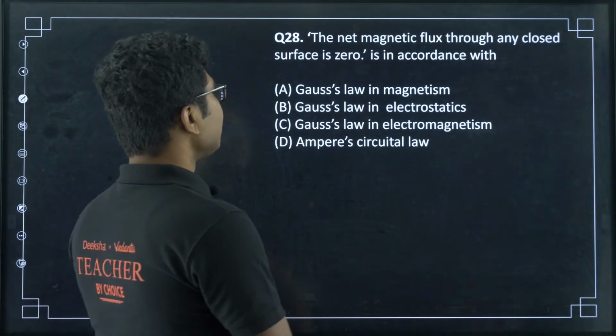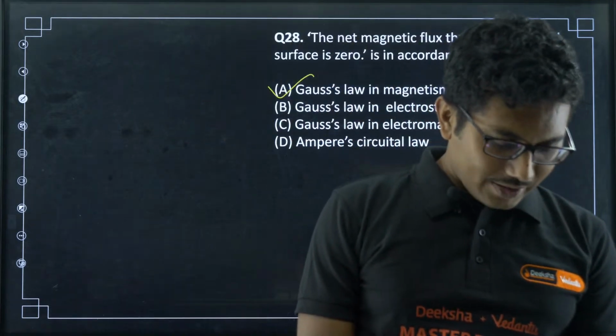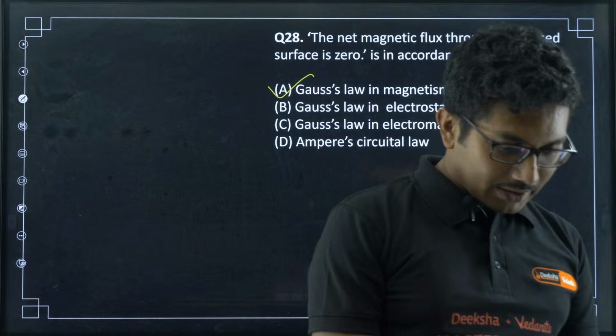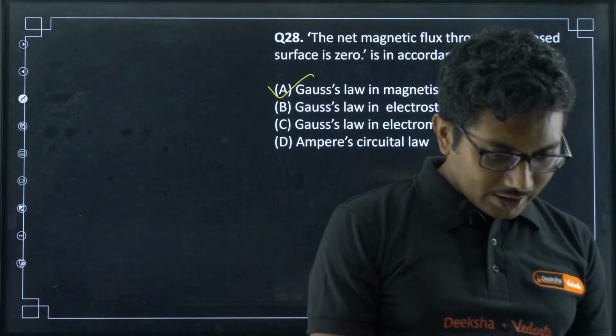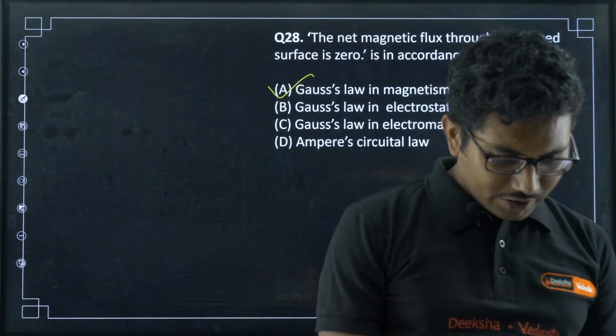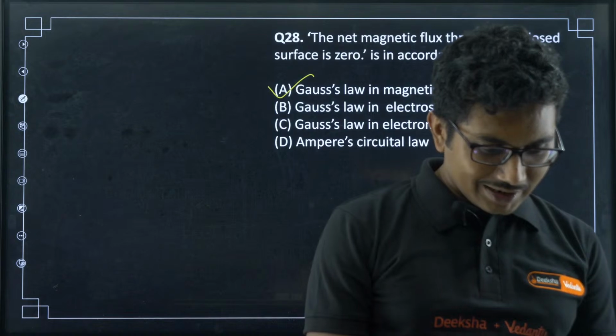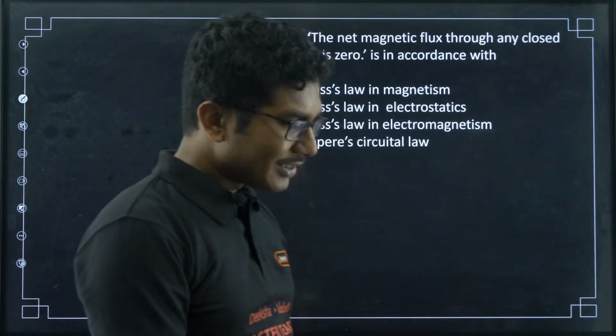Yes, Gauss's law of magnetism, 28A. Sinchana, Aman, Anisha, Pradeep, Shaukat Ali, Varija, all of you are correct. Anisha, you have mentioned the question number incorrectly. Yes, I saw that.